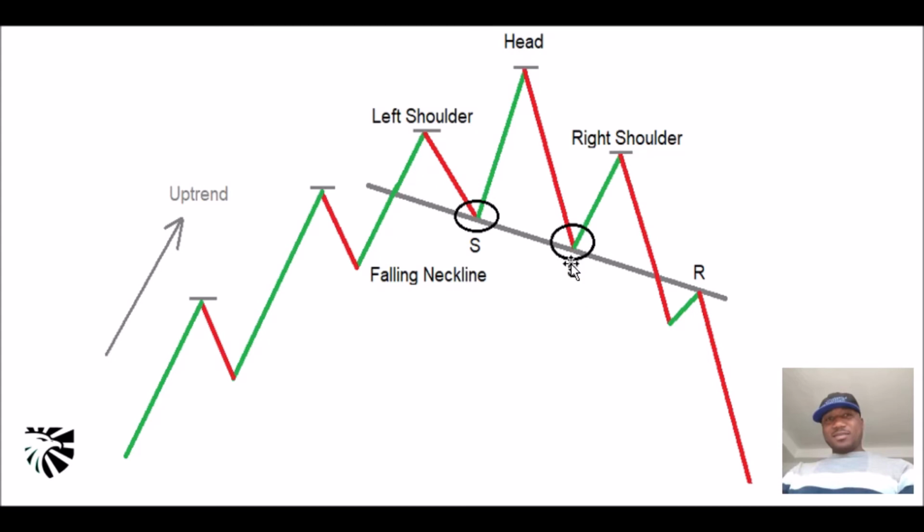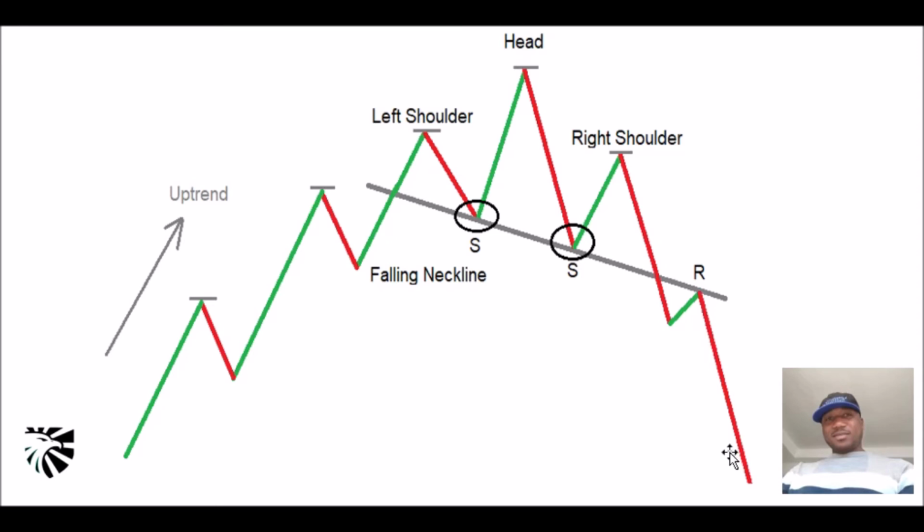And now having this point here, a lower low from the neckline, is another indication that the market is weak. And now we see again the price pulled back to the neckline here, and the price couldn't really push to the upside, and the sellers took control and the price started falling.